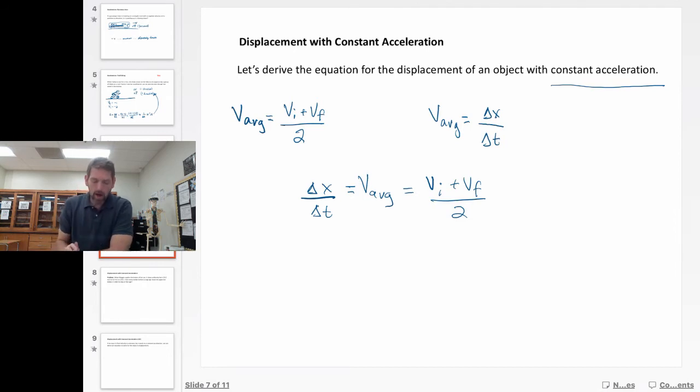So now we can bring these two sides in line with each other. So now we've got delta x over delta t equals the initial plus the final divided by 2.